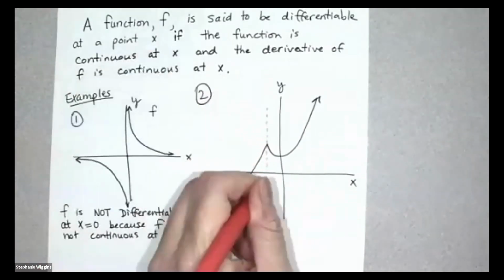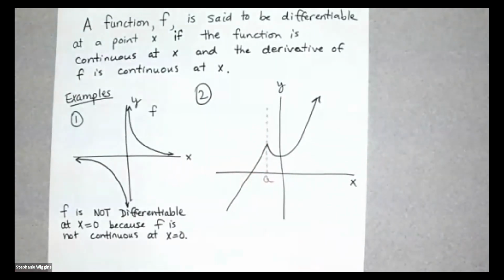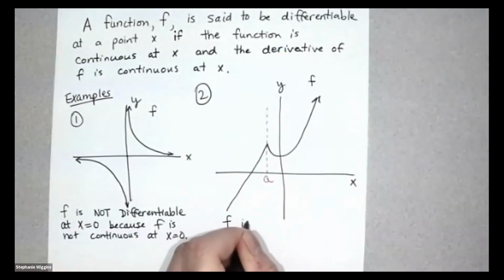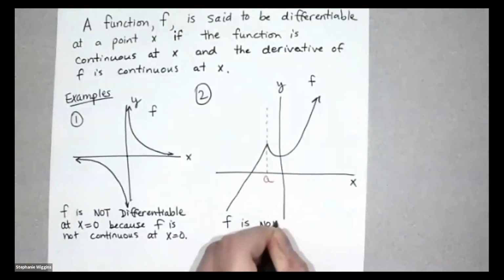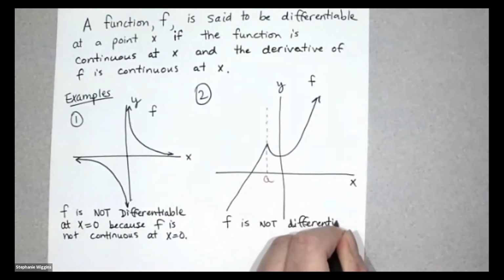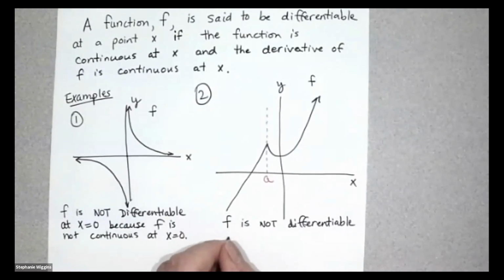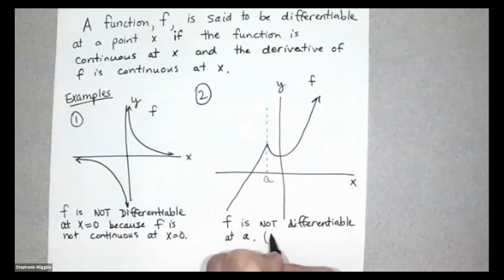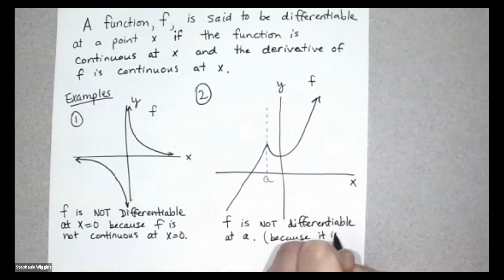On the x-axis, we'll call that A. So our function here, f, is not differentiable at A, okay? And it's because of the corner, because it is not smooth.